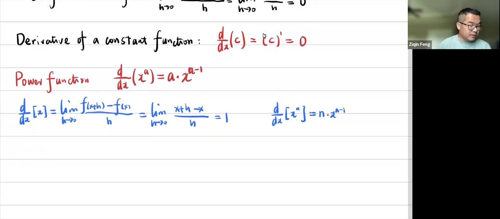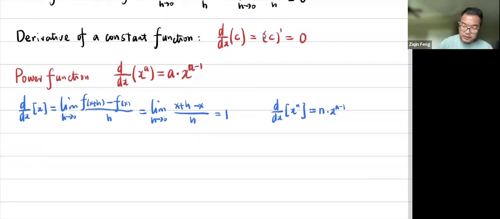Let me rewrite it to make it clear. That should be x to the a minus 1. This is true for every number, where a here is any real number, no matter whether you have 1, 0, or pi or 1000.